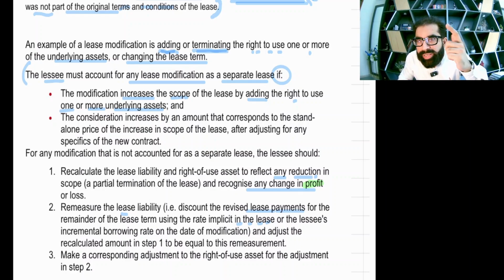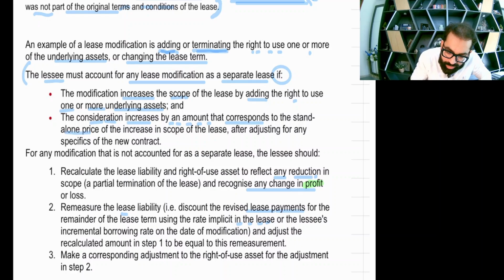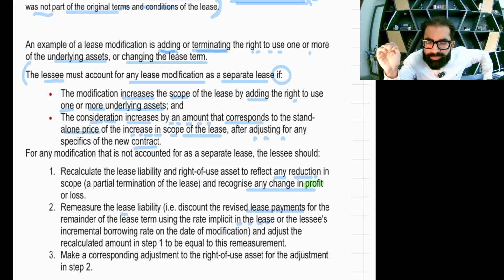And what about the price of the second floor? See, the consideration increases by an amount that corresponds to the stand-alone price of the increase in the scope of the lease, after adjusting for any specifics of the new contract. Yes, initially I was paying $50,000 per year for the first floor. Now when I add the second floor, the rent increased to 100,000.